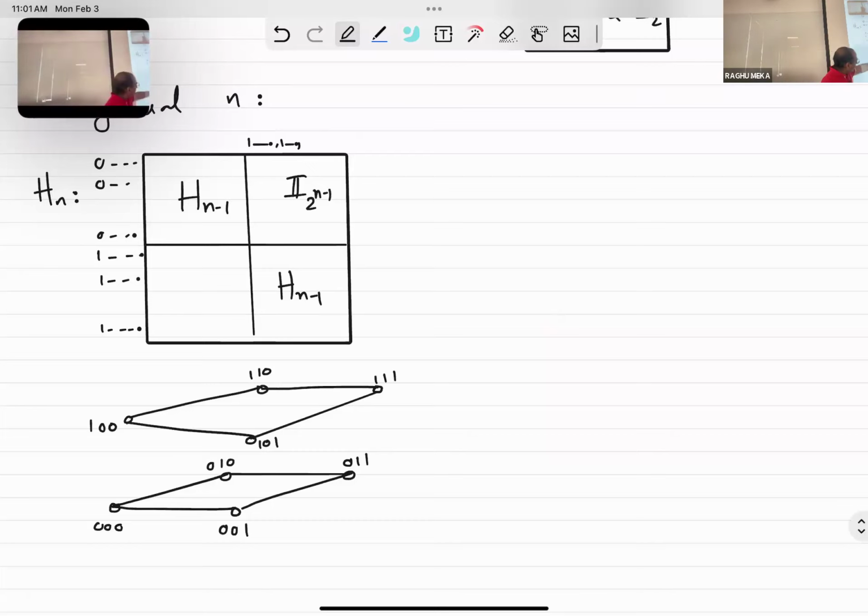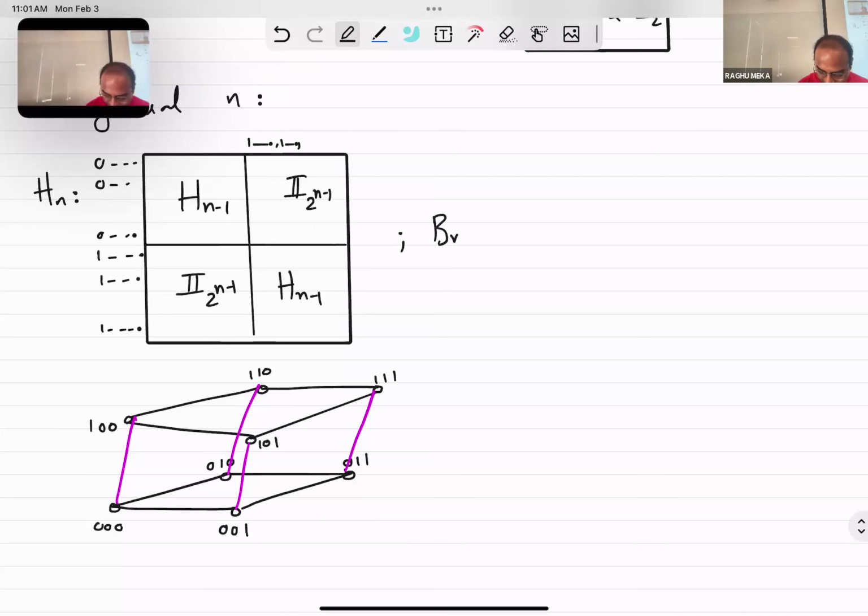And across these, you would just connect the corresponding vertices, nothing else. So the hypercube graph has this very nice inductive or self-referential structure, and that's what really helps.